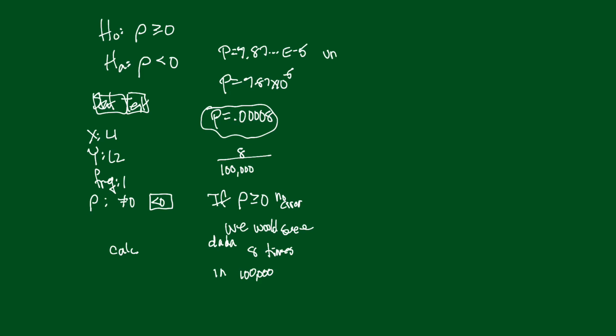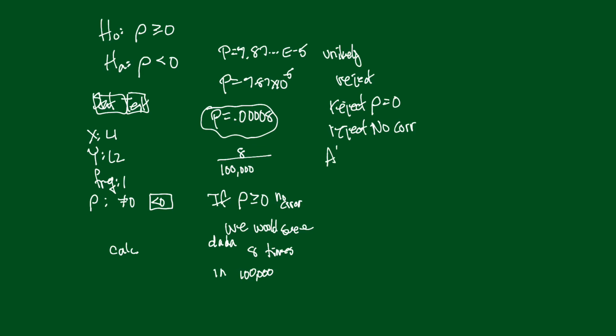This is unlikely, so we would reject H naught. Again, we're going to reject H naught, so we reject rho equaling 0. All right, we reject that there's no correlation. Reject no correlation.